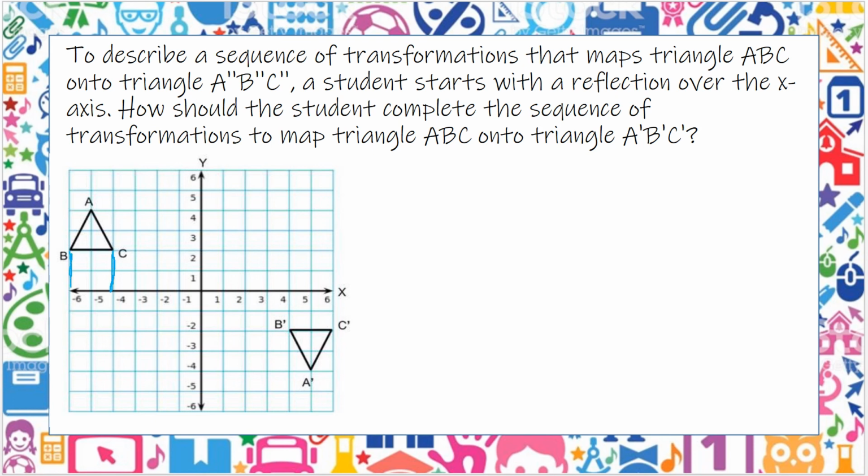So the reason I'm drawing these lines is because I want to see there are 2 units between the triangle and the axis. So when it flips, there's going to be 2 units here too. And it's just going to flip straight over this x-axis.